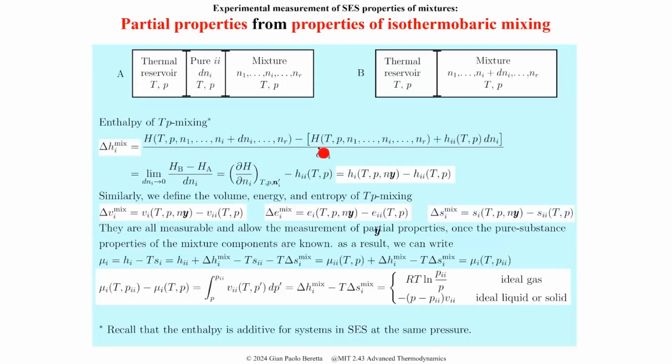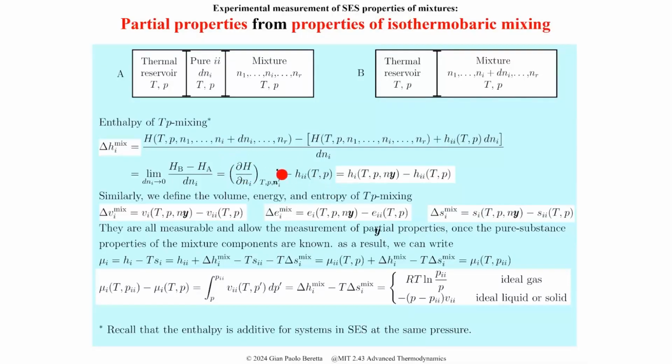And of course, dn is supposed to be small, so we're taking the limit of this, which can be viewed as an incremental product, at least the part with the capital H. It's a partial derivative of capital H with respect to Ni. And then there is this additional contribution of the separate pure component that we have added, which, since I'm dividing by dni, adds, but with a minus sign, a contribution here.